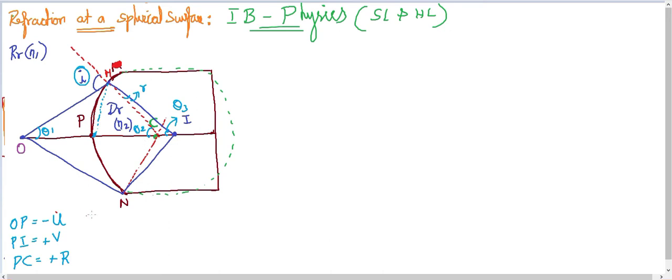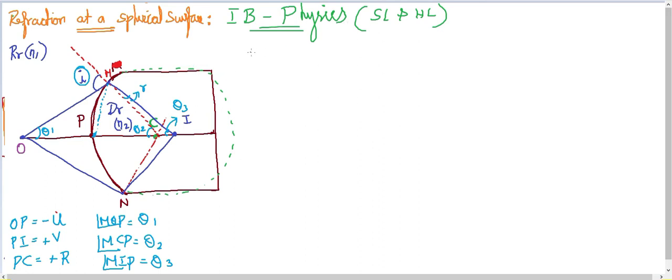Let's write all the angles here to avoid confusion. MOP is theta 1, MCP is theta 2, and MIP is theta 3. Here we are going to find the angle for three different right angle triangles.